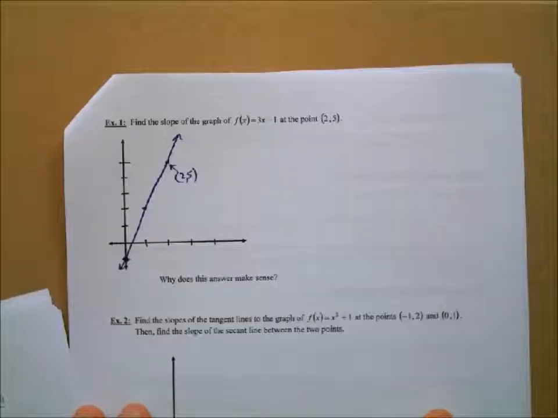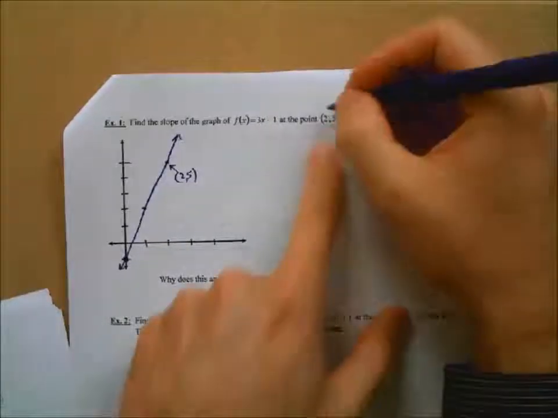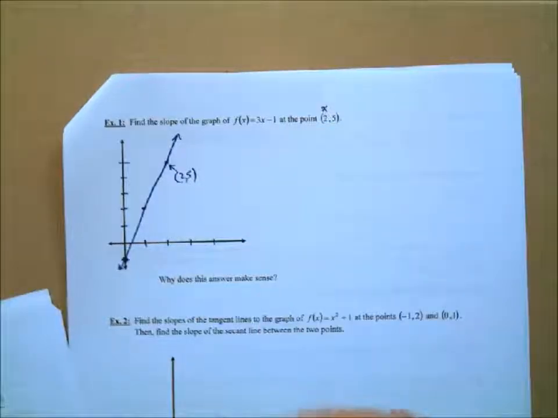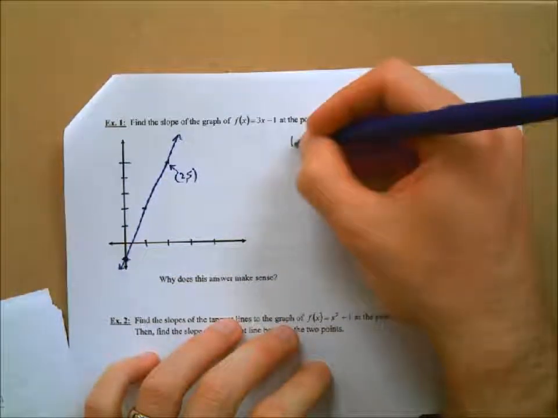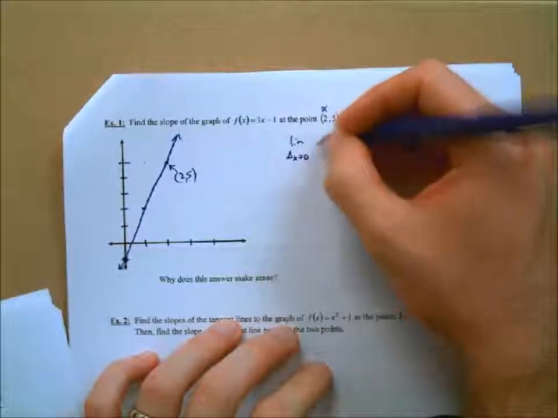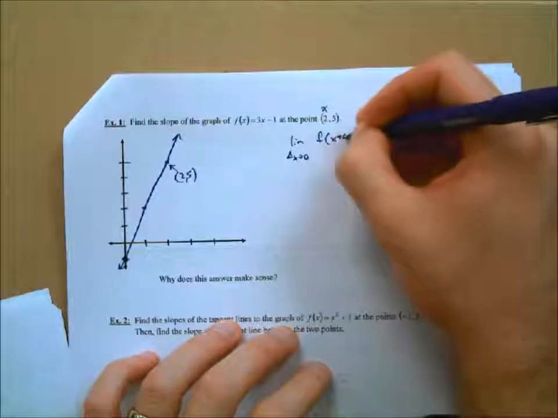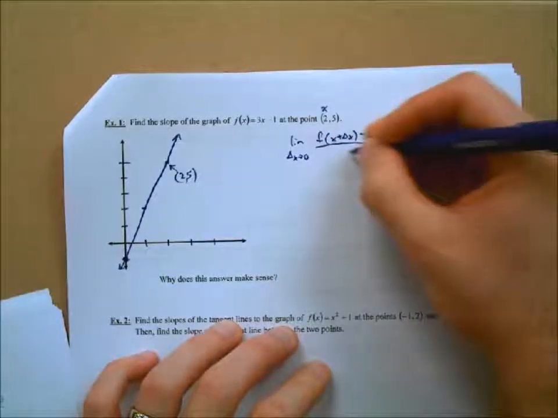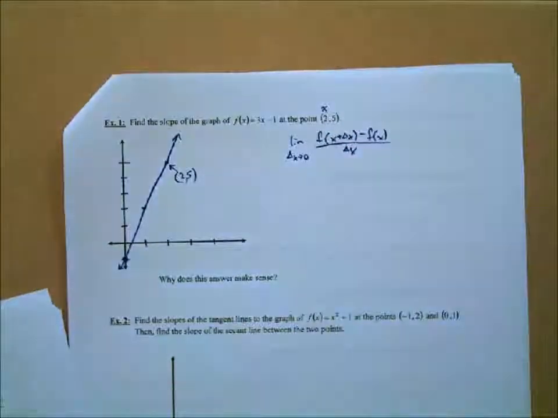Okay. So since we're trying to find it at the point 2, that's going to be like our x value there. So I'm going to set up my tangent slope, the limit as delta x approaches 0, of f of x plus delta x minus f of x all over delta x. Okay.